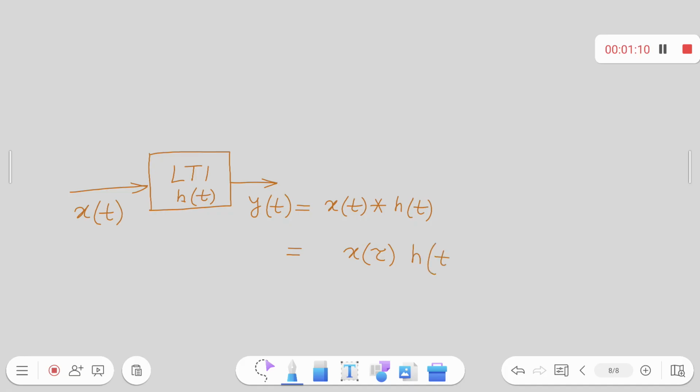When I write h of t minus tau, the minus tau gives the folding, t minus tau means shifting, and x of tau multiplied with that is the multiplication operation. So folding, shifting, multiplication, and then the addition, d tau, going from minus to plus infinity. That is the generic expression for continuous time convolution.